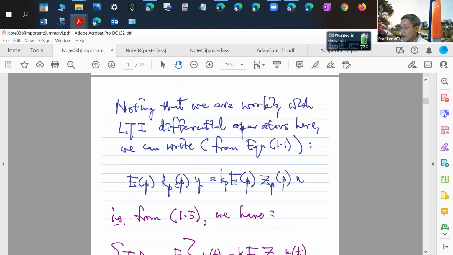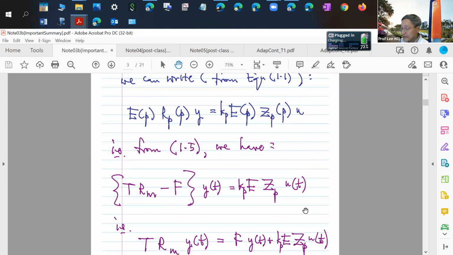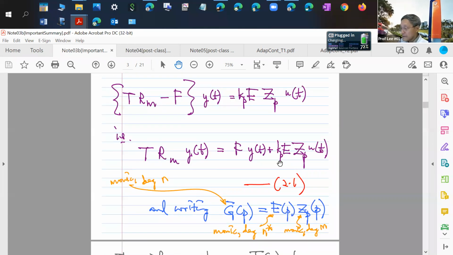I can operate it on both sides by E P. Right, then I rearrange, it becomes like this, rearrange again. All right, here at this point, noting that this F polynomial is of degree n minus 1, not monic. All right, then here E is monic, Z P is monic, but K P is down here.